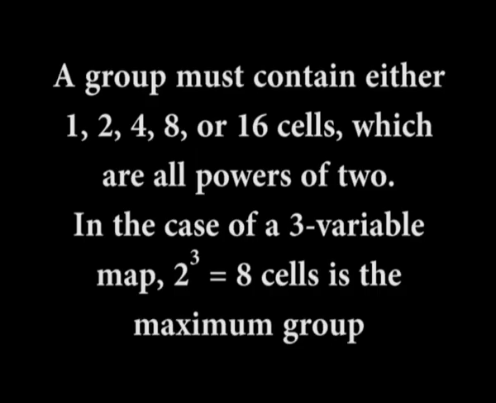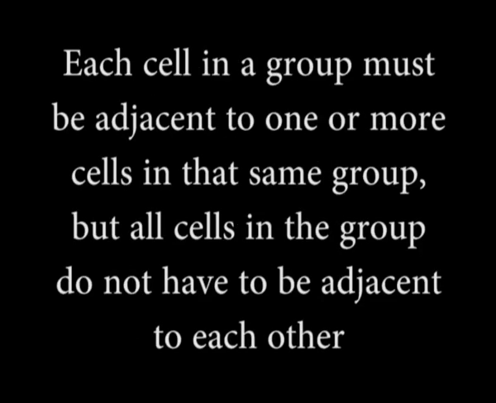A group must contain either 1, 2, 4, 8 or 16 cells, which are all powers of 2. In the case of a 3 variable map, 8 cells is the maximum group, that is 2 to the power 3. Each cell in a group must be adjacent to one or more cells in the same group, but all cells in the group do not have to be adjacent to each other.